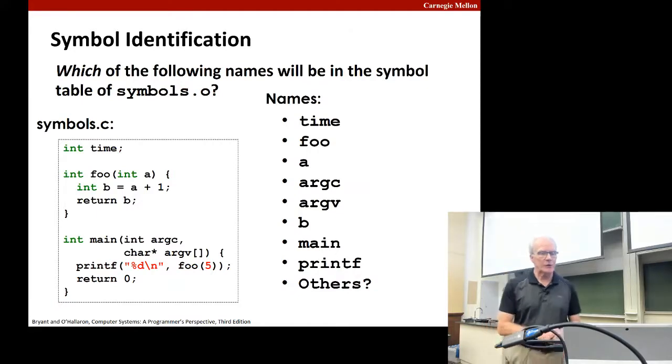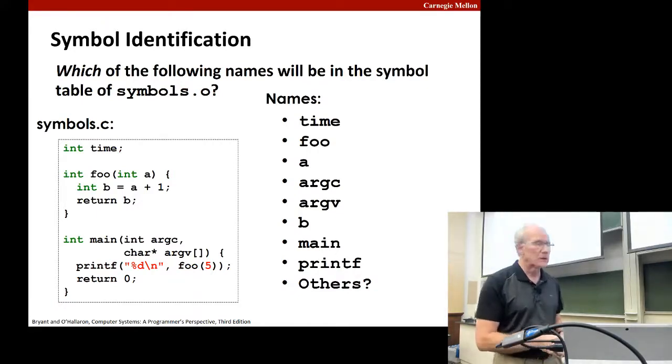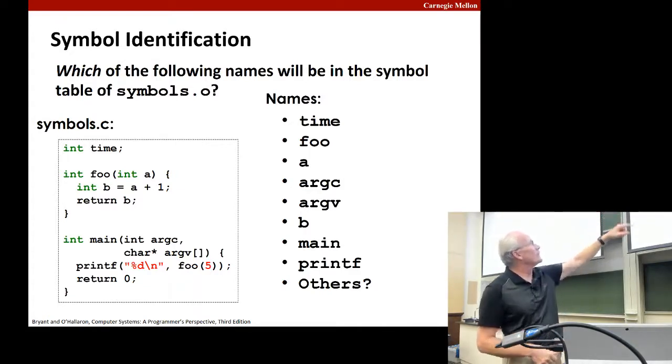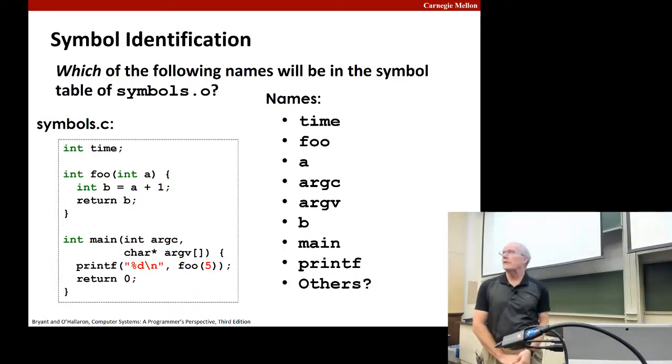So here's a little test of your thinking. Here's a bunch of names on the right. And the question is, which of those actually become symbols in this file called symbols.c? The answers are either yes or no. So let's just do a few. What about time?